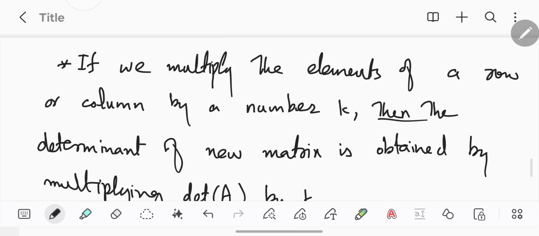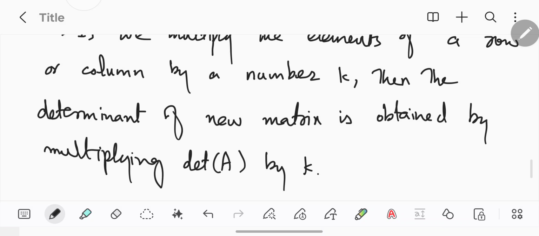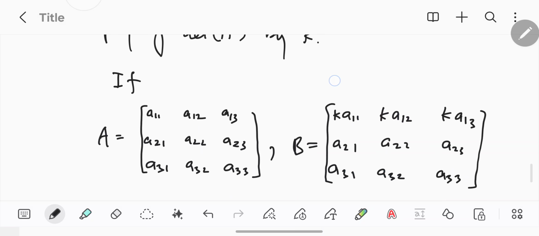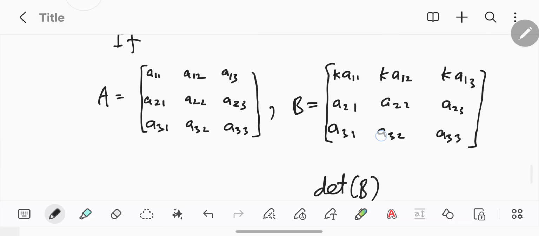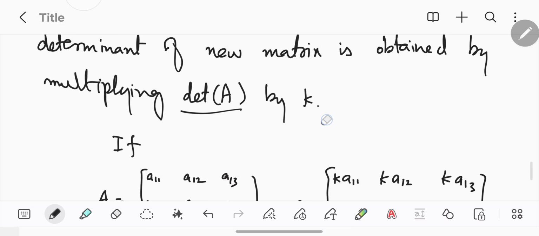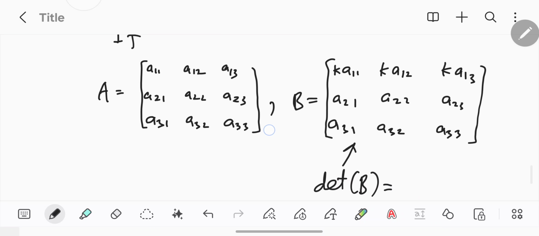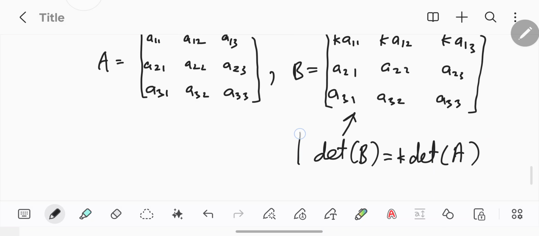Then the determinant of the new matrix is obtained by multiplying the determinant of A by k. I mean the determinant of this is equal to the determinant of this times k, k times the determinant of A. This is the property.